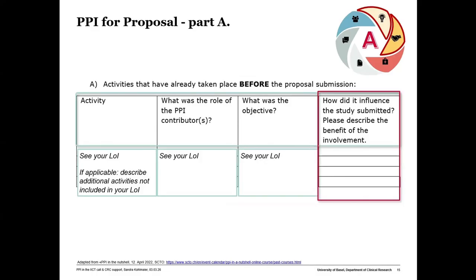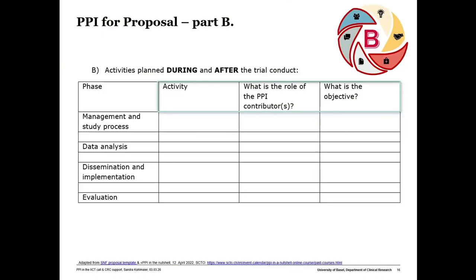And basically, this is a little bit similar to the letter of intent. But what is new here in the proposal is that you have to also give an idea what was the influence of the PPI activity for your study. So did the PPI activity affect the preparation phase and the trial design or planning, and how?